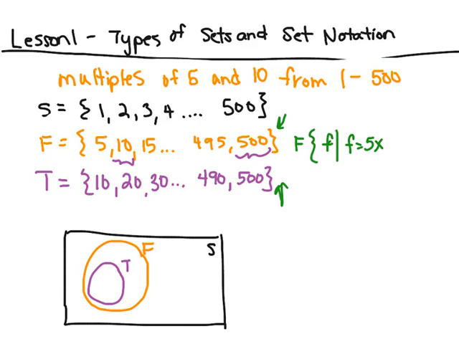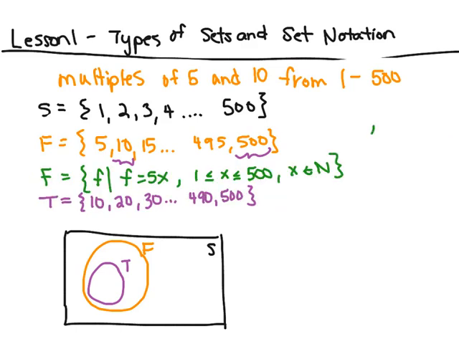So what that means is it's equal to 5 times any number, so that you can show that it is a multiple of 5. But we want it to be between 1 and 500, so we write 1 is less than or equal to X and less than or equal to 500. And we can also add in that X is an element of the number set.